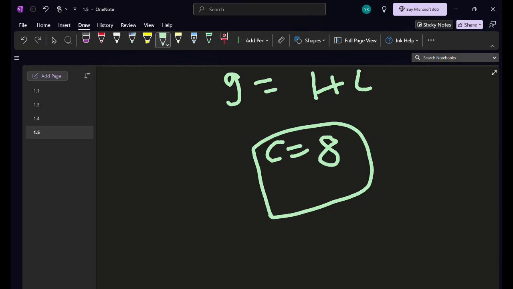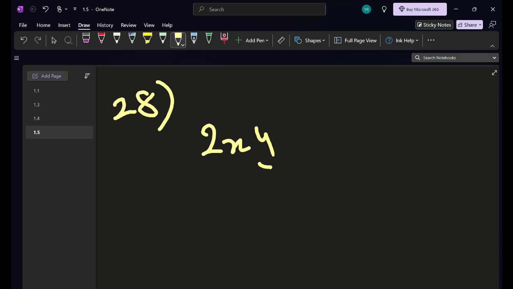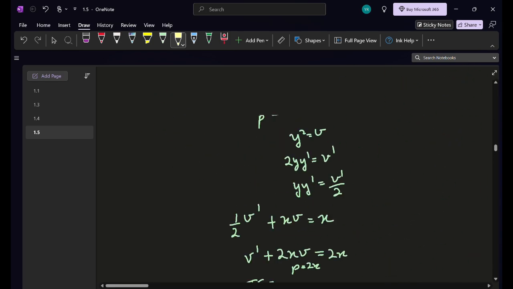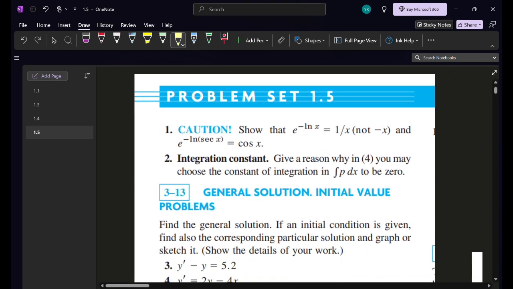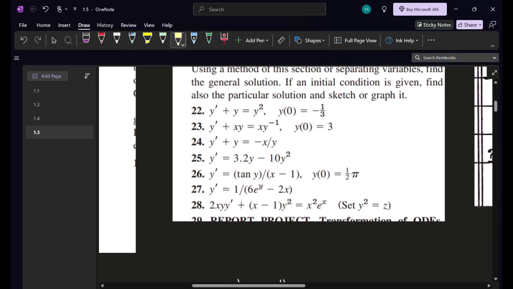Let's try question number 28 as well. Question number 28. So the question is given as 2xy'... In this question, as you can see, there is no y term that has been multiplied to this part, the Q, so we're just going to assume it as 1, and if we divide the whole thing by 1, it makes no change.